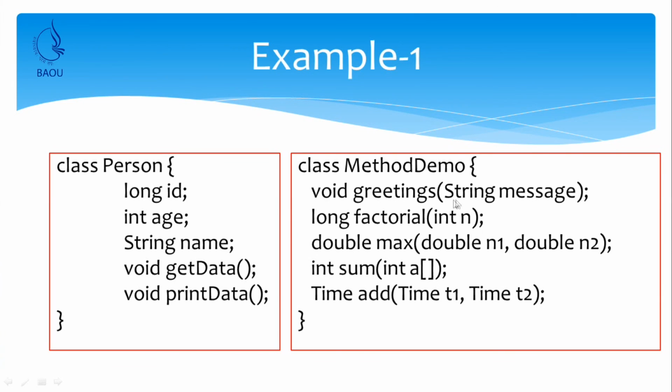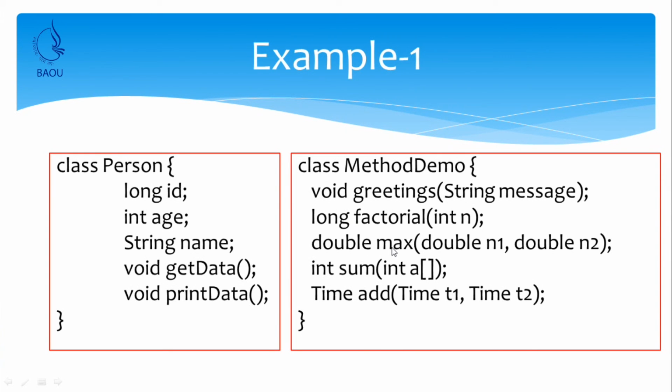So, this is an example of a method which takes a parameter, but does not return any value. Another method is long factorial and the parameter is integer n. This method will take integer value n from the user and return its factorial as a long value. So, this is a method which takes an argument as well as returns some value.